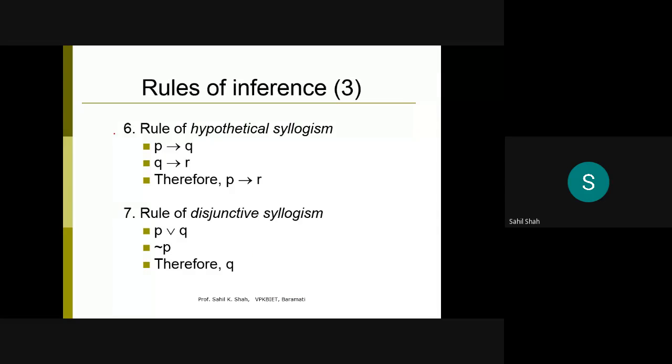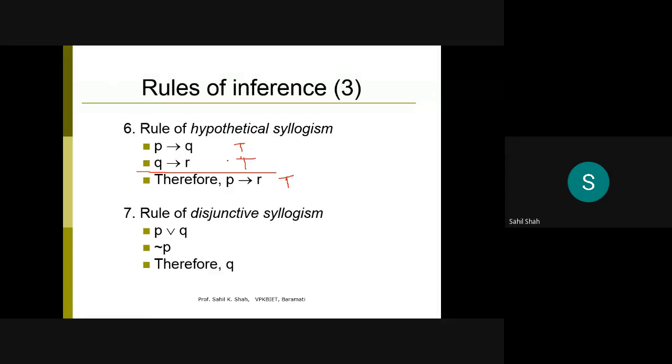Next, this I have already discussed, the rule of hypothetical syllogism. You have been given two conditionals, P to Q, Q to R. Your conclusion will be P to R. If this holds to be true and this holds to be true, then this has to hold to be true. Somebody might be saying, okay sir, how can you justify this law is correct or not?